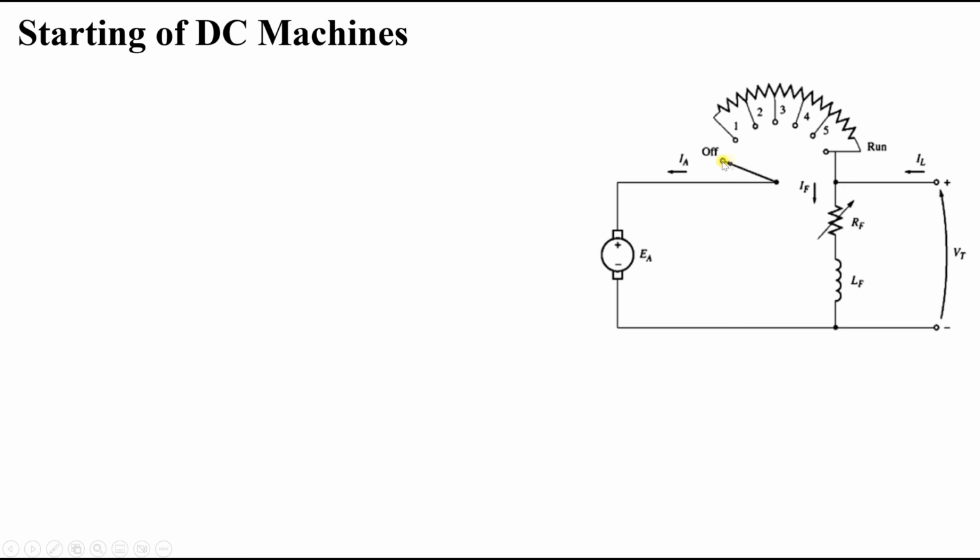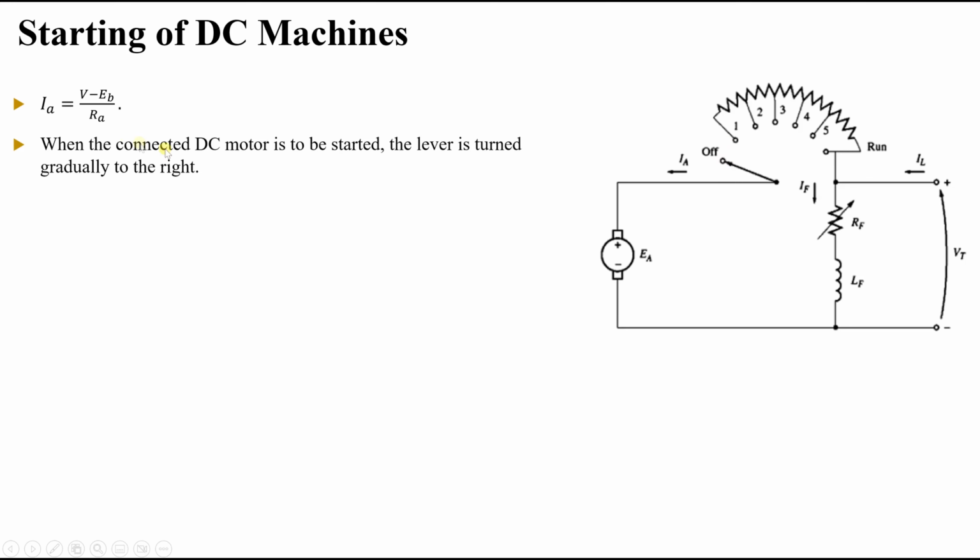Now when the motor starts, as you can see here, when the DC motor is to be started, this lever here is turned gradually to the right. It starts at the first position, 1, like this.